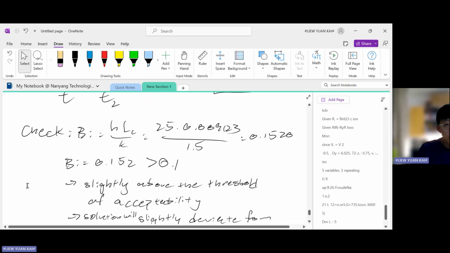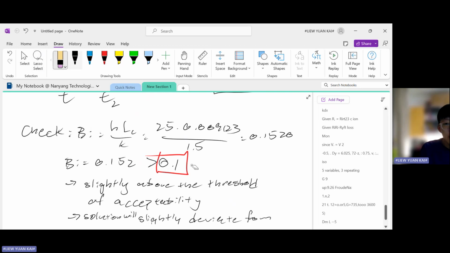Now, what do I mean by threshold of acceptability? I'm referring to this. Threshold means the condition, the criteria, and the criteria is that Biot number should be less than 0.1. But now we have Biot number equal to 0.15, which is slightly above it. So that's why I said it is slightly above the threshold of acceptability.